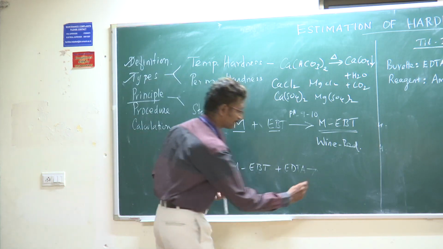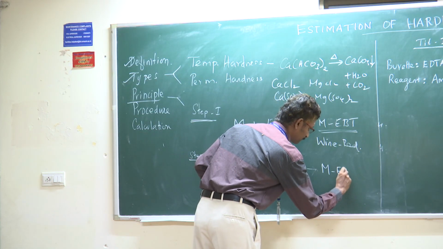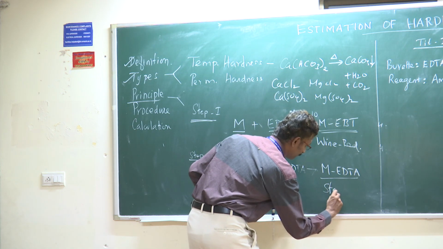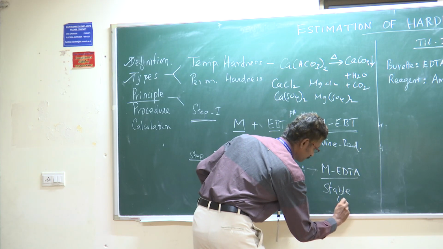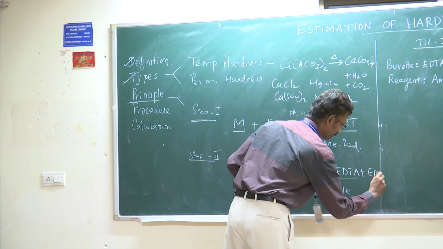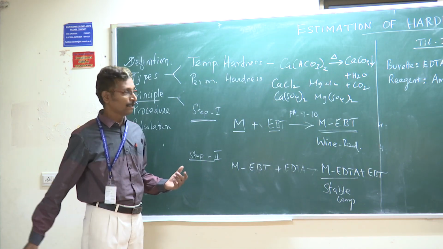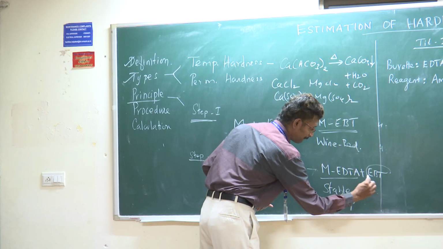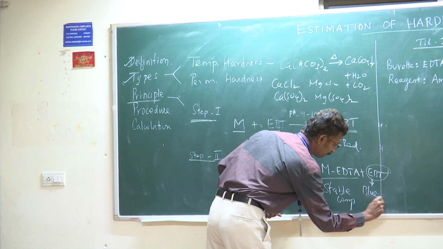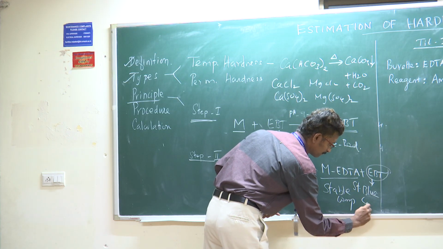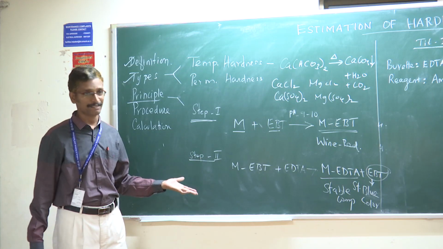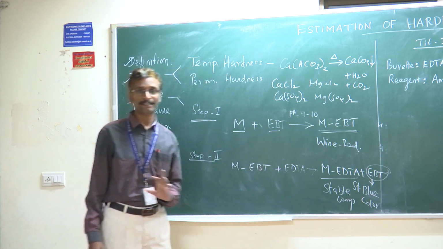It forms a stable complex, that is M-EDTA, and it releases EBT. This EBT at pH 9 to 10 exhibits a steel blue color. So, this is the end point for this hardness experiment. Wine red to steel blue is the end point.